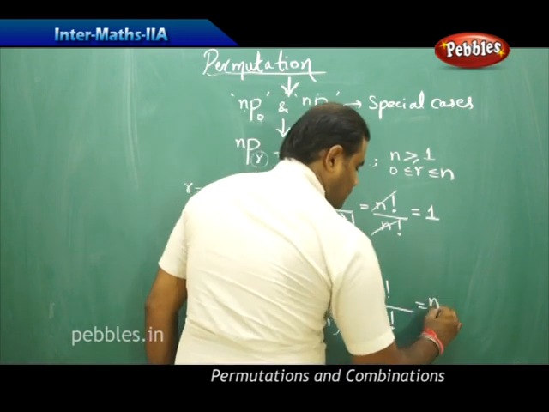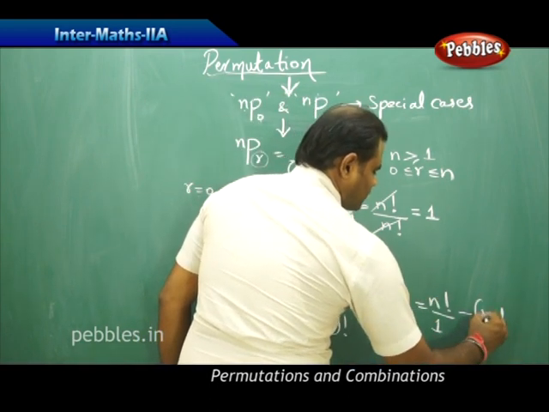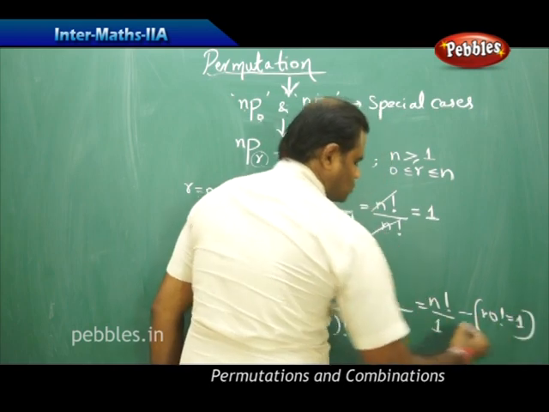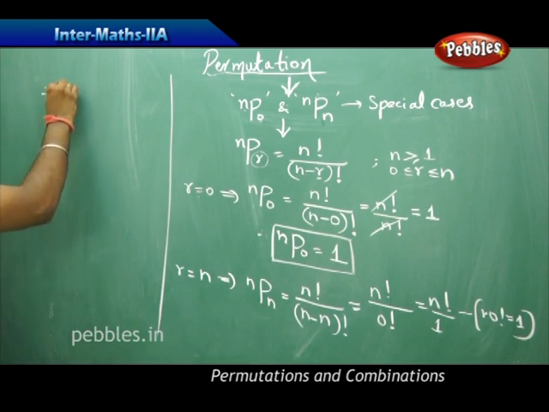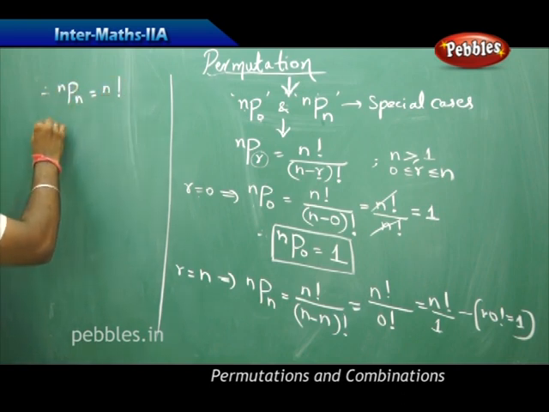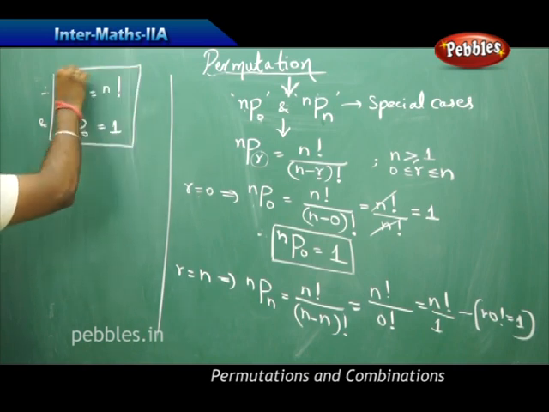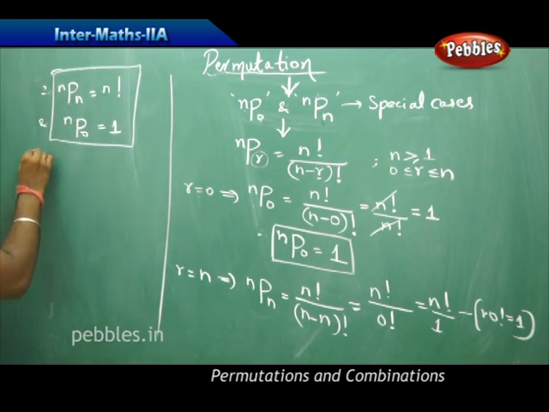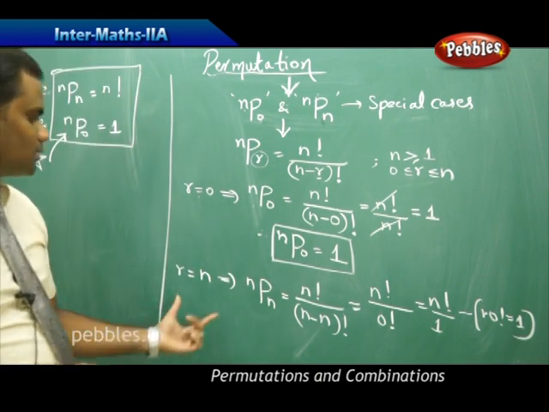Therefore, n factorial by 1, since 0 factorial is equal to 1. Therefore, I get nPn is n factorial and nP0 is 1, which is how I understand the two special cases, nP0 and nPn.